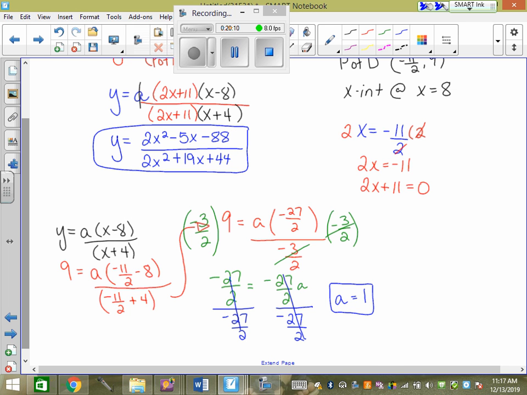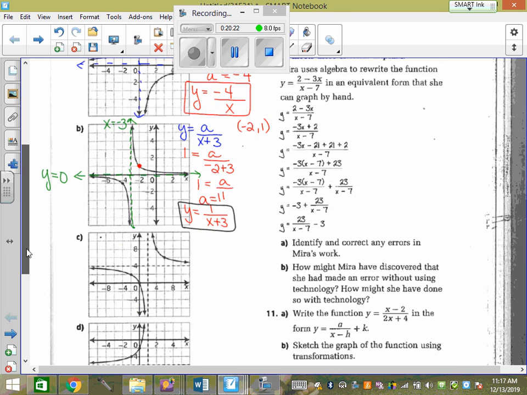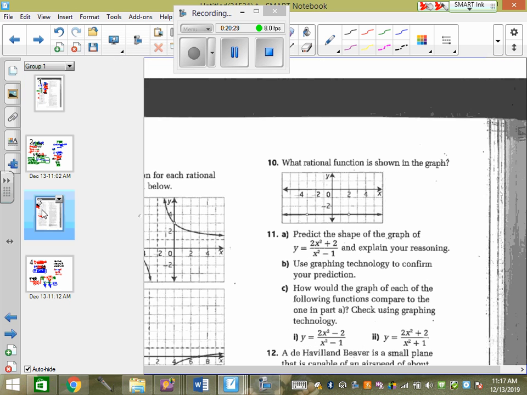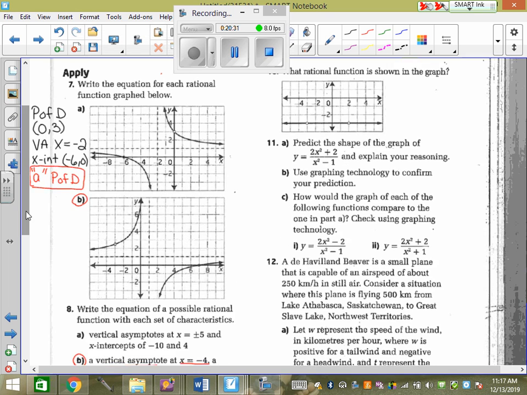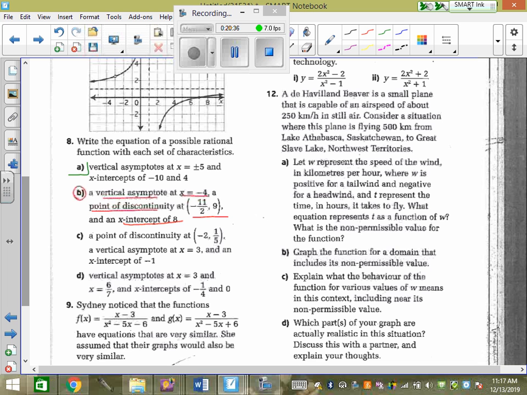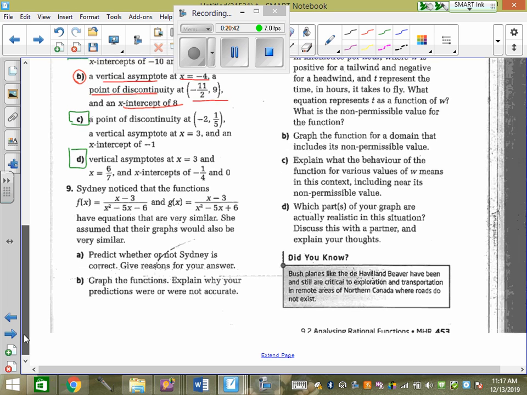So your homework is the last two of number 7. Actually, no, like the very first page. So the last two of number 7, this is your homework, C and D. And then of this page, you have to do 7B and then 8A, C, D of page 452 and 450.